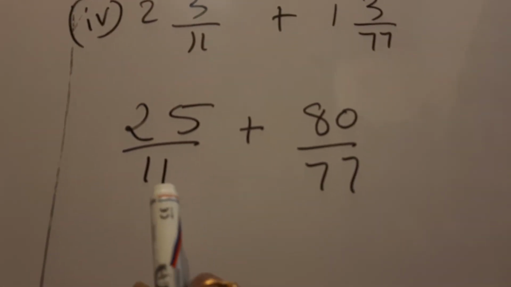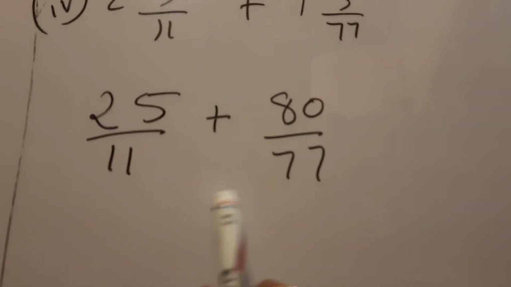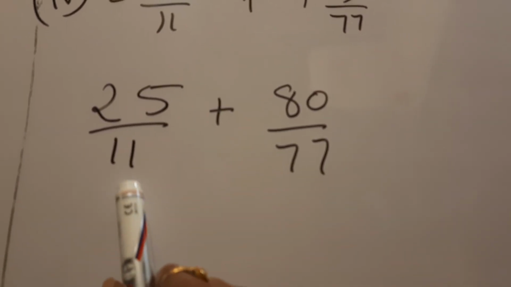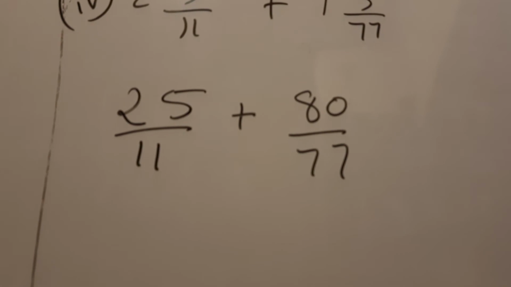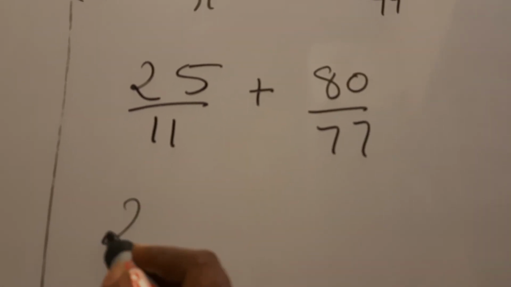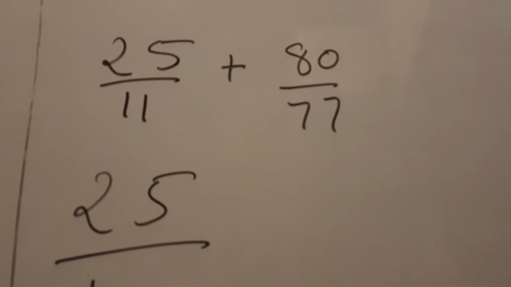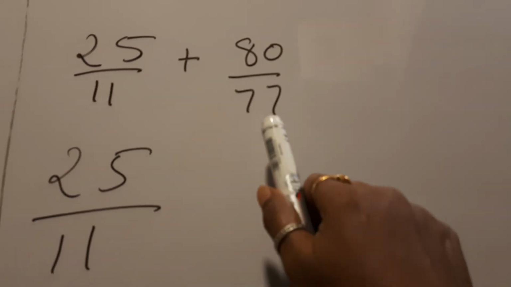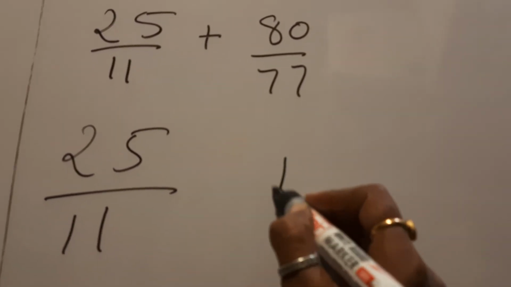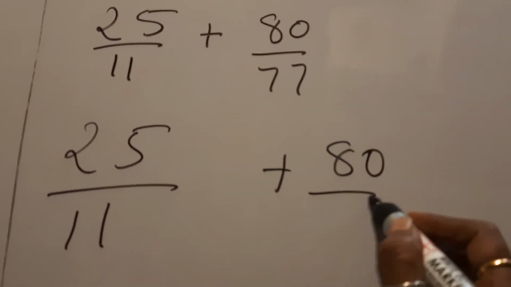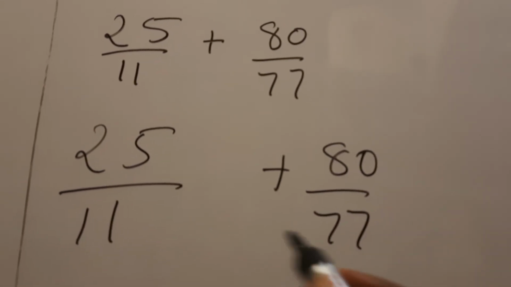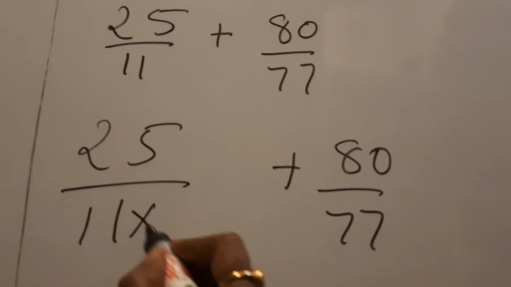Now look at these numbers, 11 and 77. They are multiples, right? 77 is a multiple of 11. So 25 upon 11. Look at this. This is 77. You keep that as it is. 80 upon 77. Keep it as it is. Here you multiply by 7.